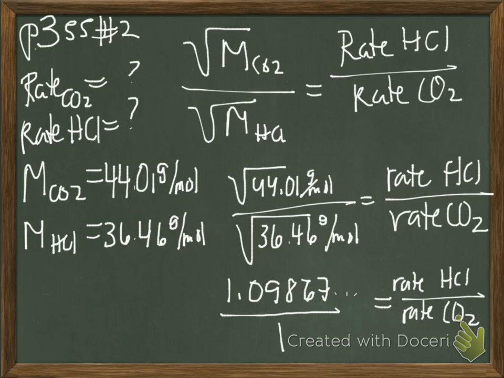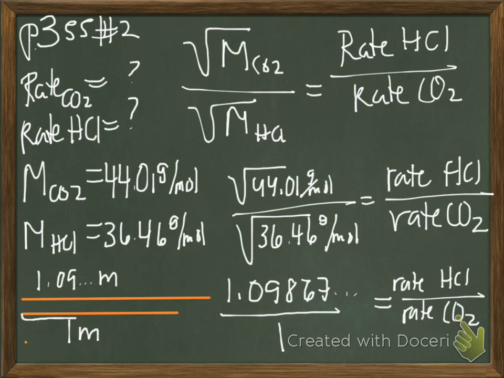What this means is that if this is 1 meter and this is 1.09 meters, in the amount of time that it takes a particle of CO2 to effuse 1 meter, the HCl is going to travel 1.09 meters. Okay? Your book did this problem in reverse.